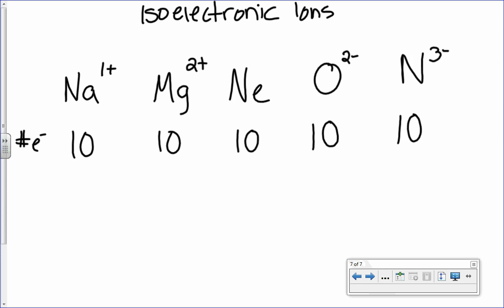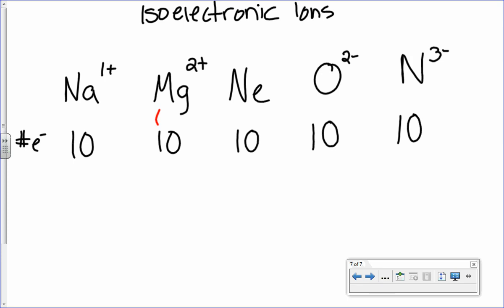Now, the other part of those notes said that the element with the highest atomic number will be the smallest atom, or the smallest ion. So which one of these, sodium, magnesium, neon, oxygen, and nitrogen, has the highest atomic number? Magnesium. You're right, magnesium.